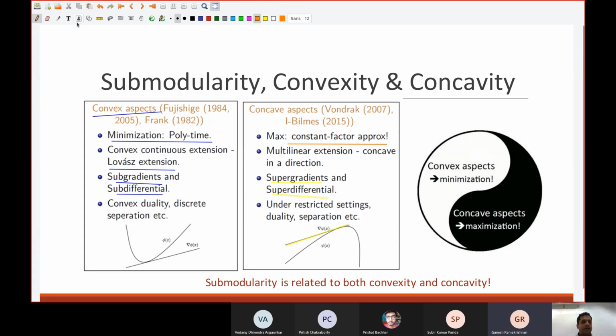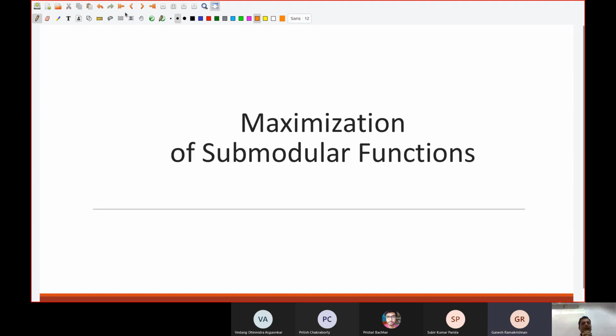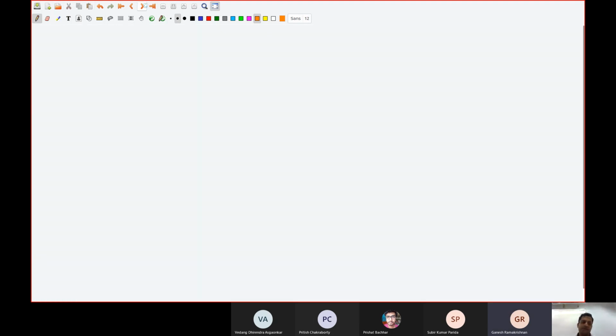We'll allude to Lagrange multipliers here. Remember, we use a Lagrange function, right? We'll do that today. Okay, this is a bird's eye view. So let's now plunge into the maximization of submodular functions, which are very useful in machine learning.